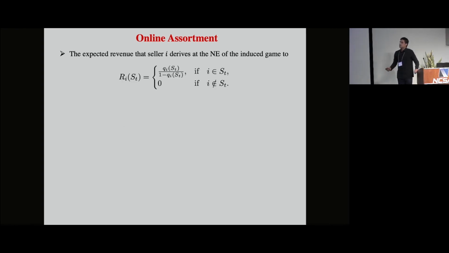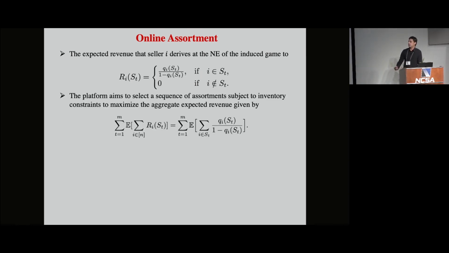And therefore, the revenue that we get from item i, if we include it in the assortment, is given by the probability that the item is being sold times the price, which is 1 over 1 minus Q_i. This is the revenue that we get from item i if we include it at time t in the assortment S_t. Otherwise, we don't get anything out of it.